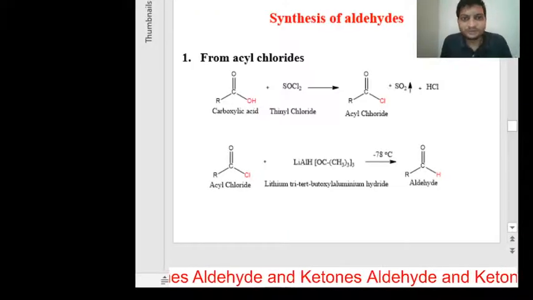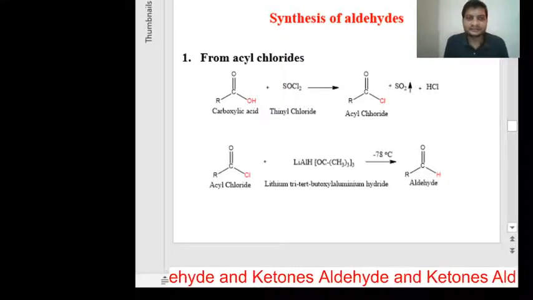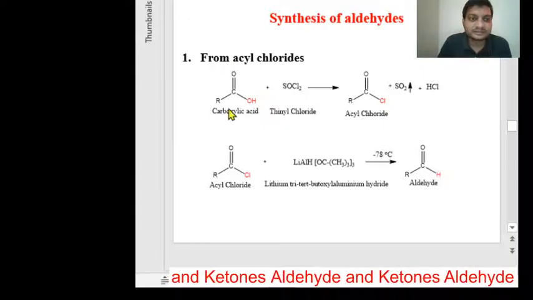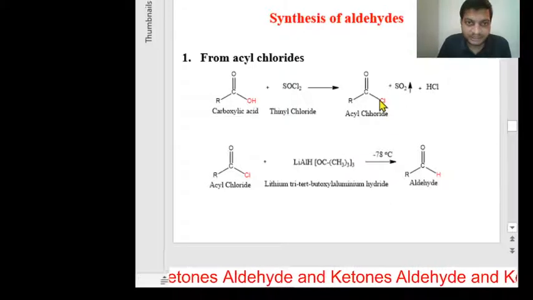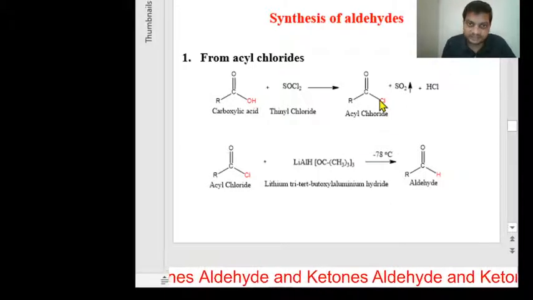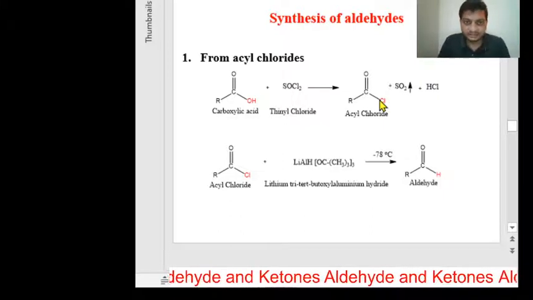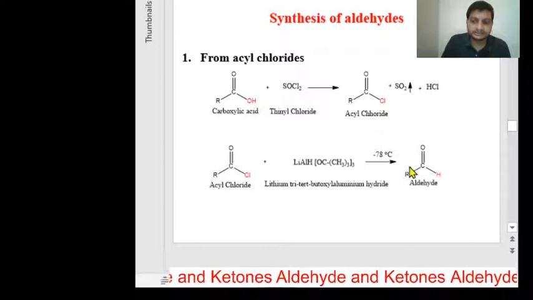So students will begin with the synthesis of aldehyde by using the acyl chloride. Acyl chloride is the starting material and the reagent we are going to use for the synthesis of the aldehyde.